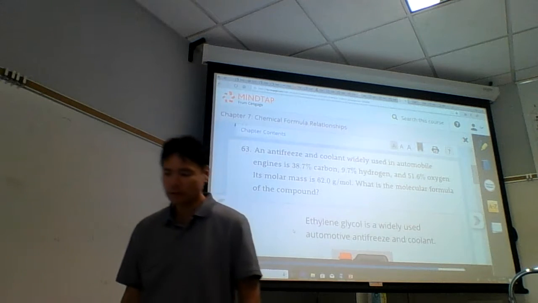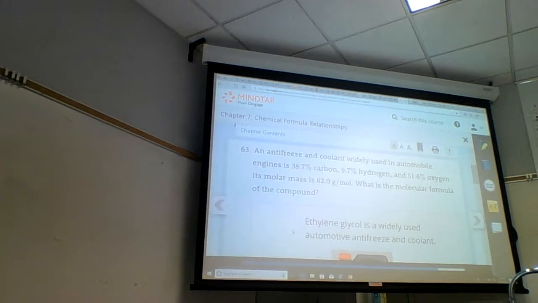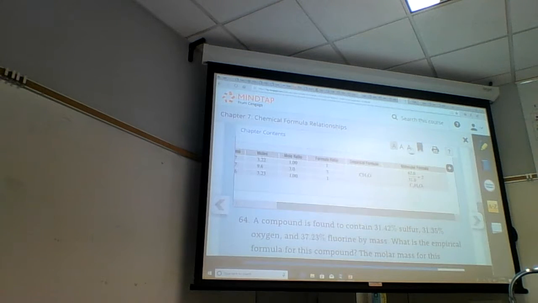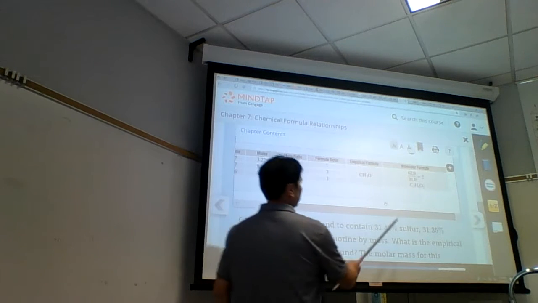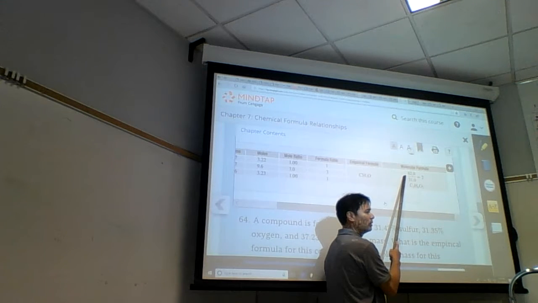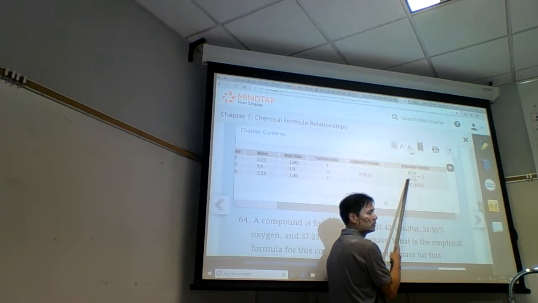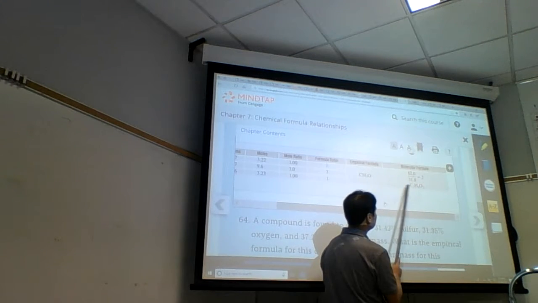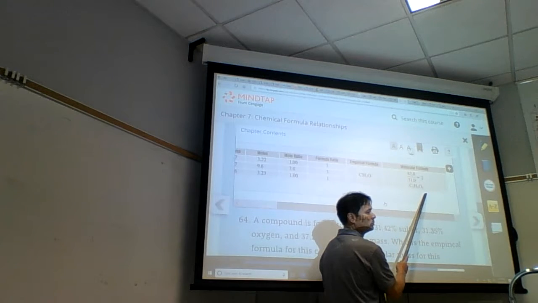The empirical formula and the molecular formula are not the same. So what we have to do is get this factor. It turns out the molecular unit weighs twice as much as the empirical unit, therefore the molecular formula should be twice that of the empirical formula. In other words, it's not CH3O, it's C2H6O2.